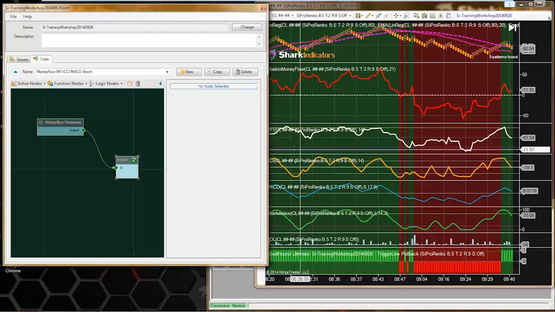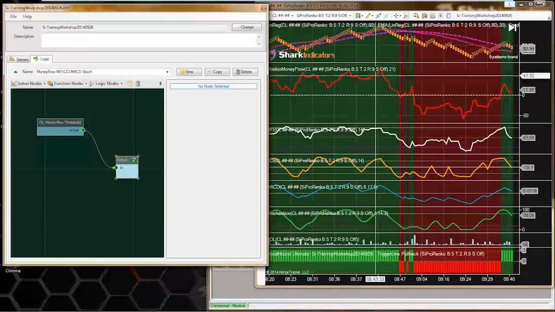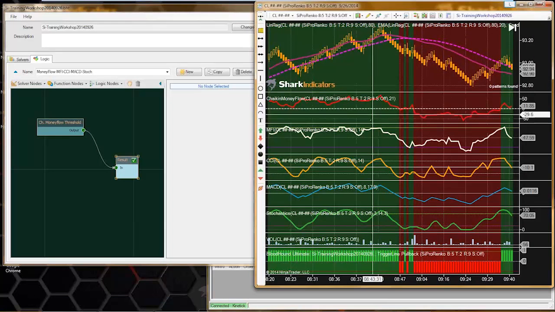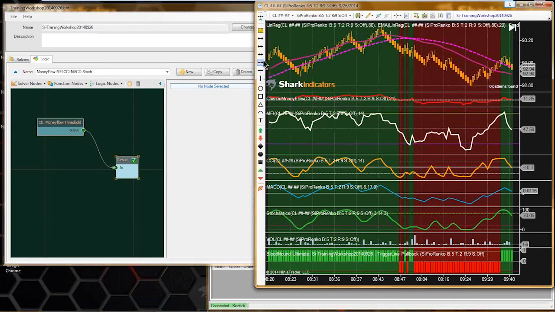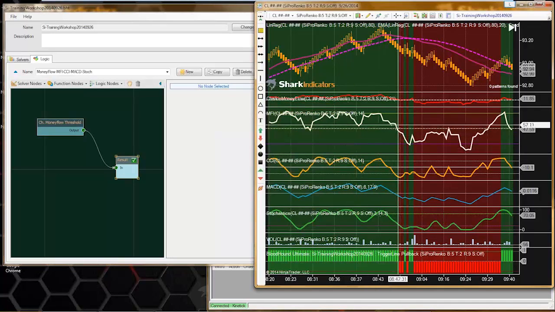And let's see, the MFI, we want to know if it's over or under the 50 line. So let me do the same thing here. I'll just drop a line on here around the 50. Okay, so now we can see our 50 line.